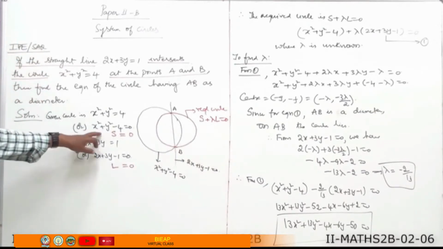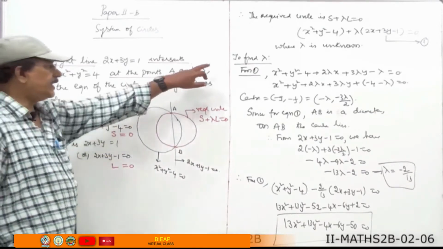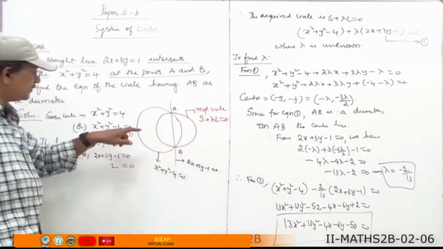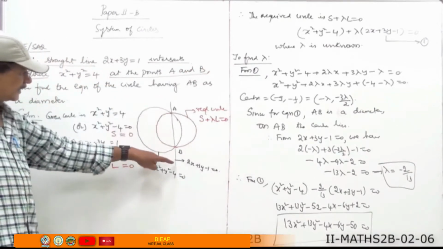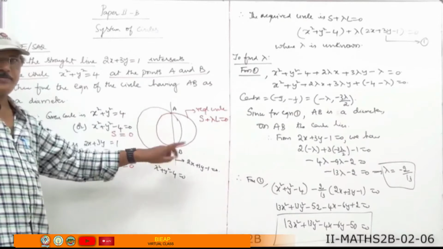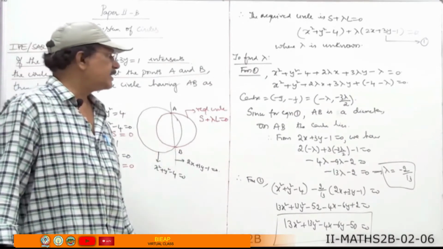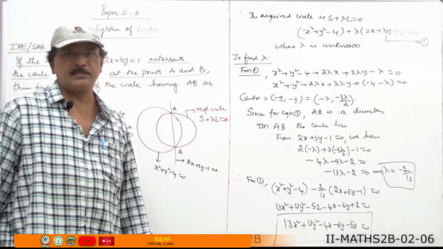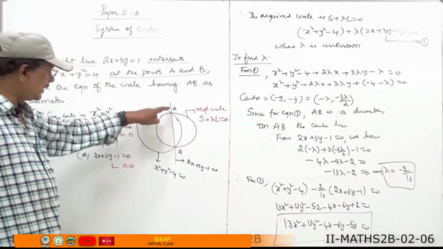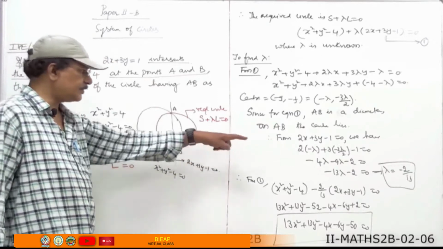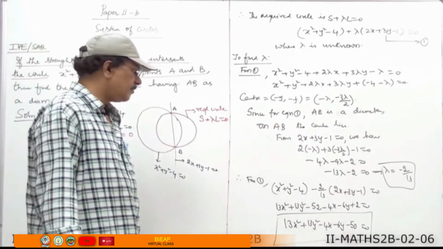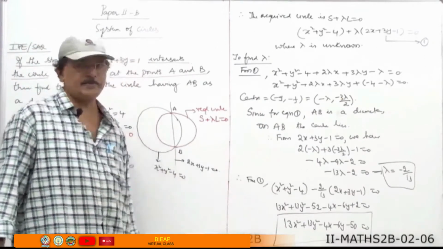So substitute S and L. Then to find lambda, you apply the condition. For the required circle, AB is the diameter. The diameter property is that the center lies on the diameter. That means the center lies on the line. So substitute, we have lambda value minus 2 by 13. Thereby we got the equation.